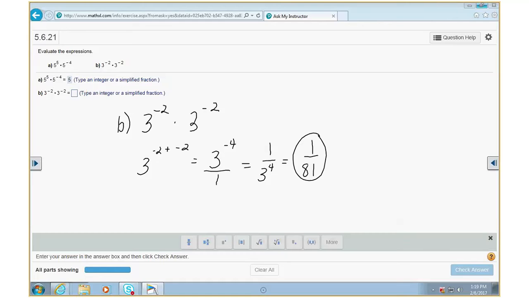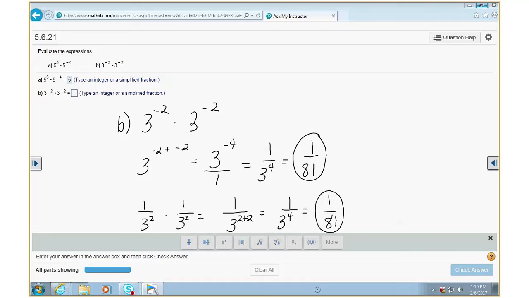Another way to do it: 1 over 3 to the second times 1 over 3 to the second is equal to 1 over 3 to the 2 plus 2, which is equal to 1 over 3 to the 4th, which is equal to 1 over 81. Is there another way to do it?